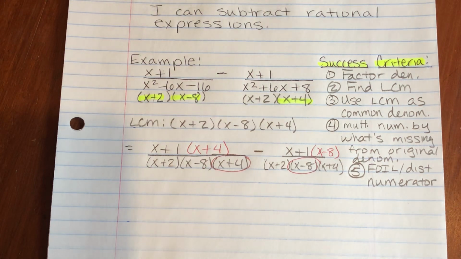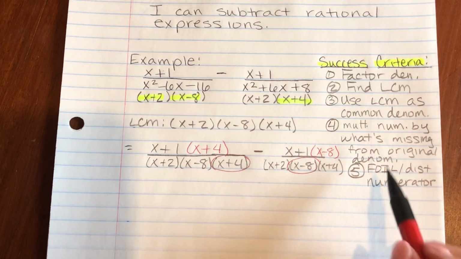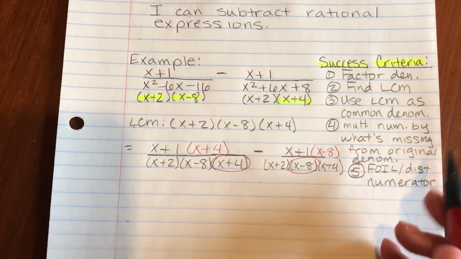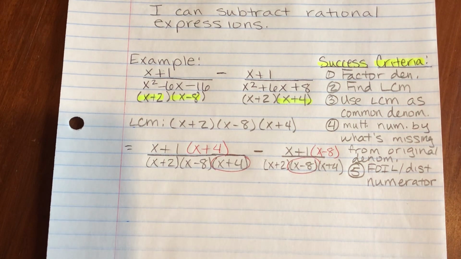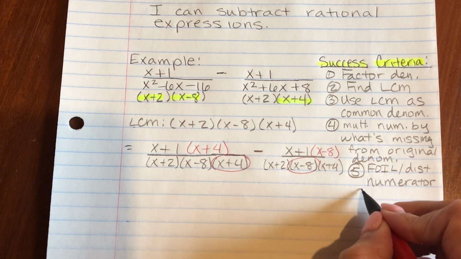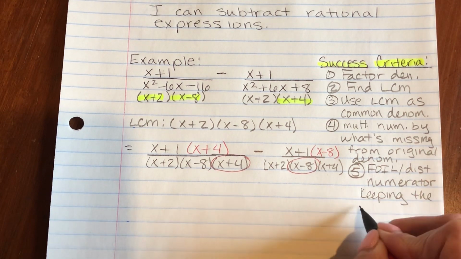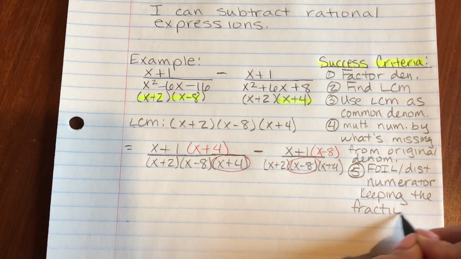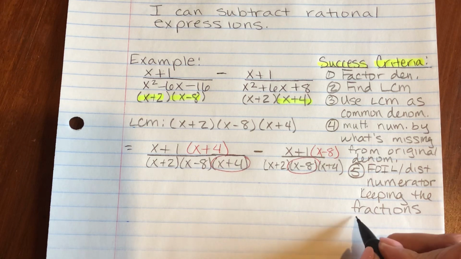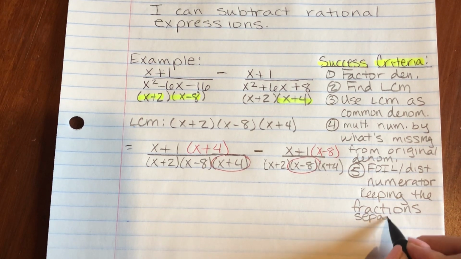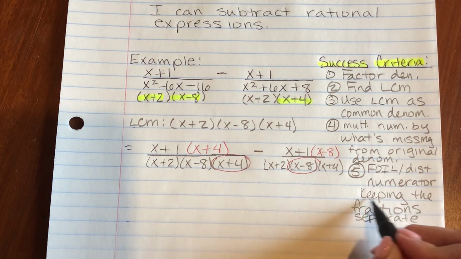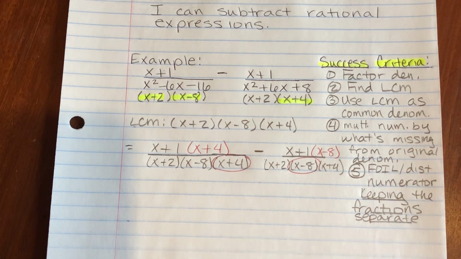Before, in addition, we just put it all together in one step. Subtraction, you can't do that. So you're going to FOIL or distribute the numerator, keeping the fractions separate. So that's what's different there.